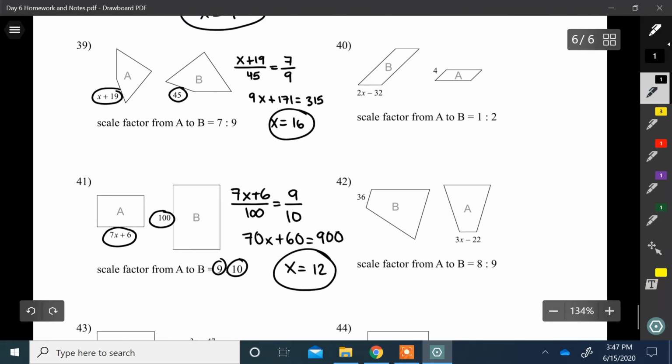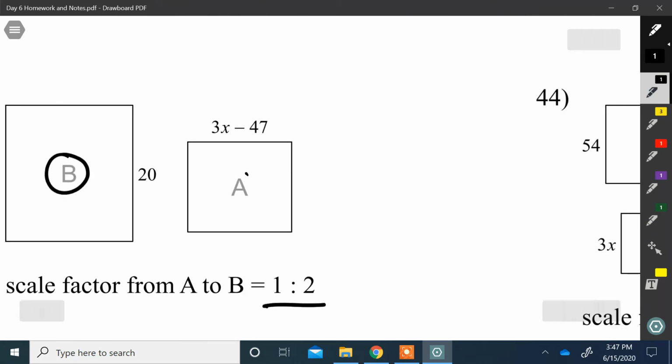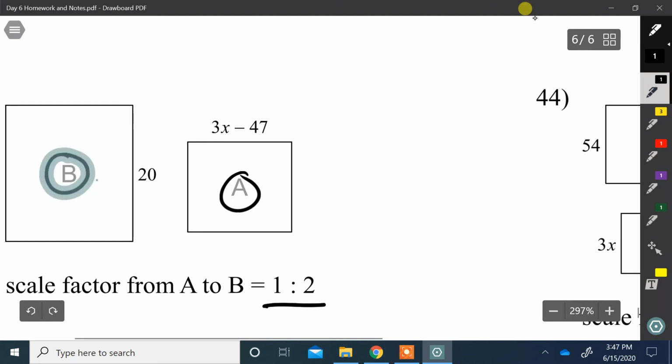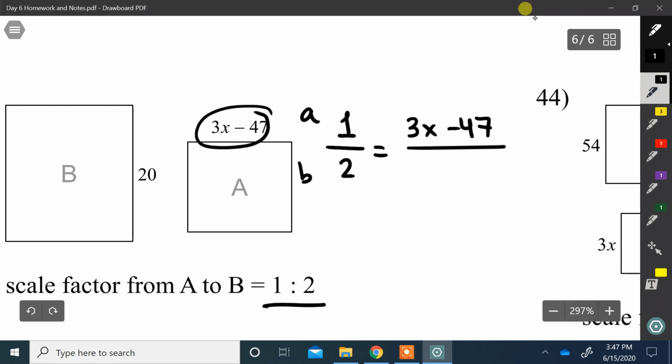This one is tricky because they actually put the B next to the A. I always go from A to B. So this is A and this is B. So A, 3x minus 47 over the B, 20.